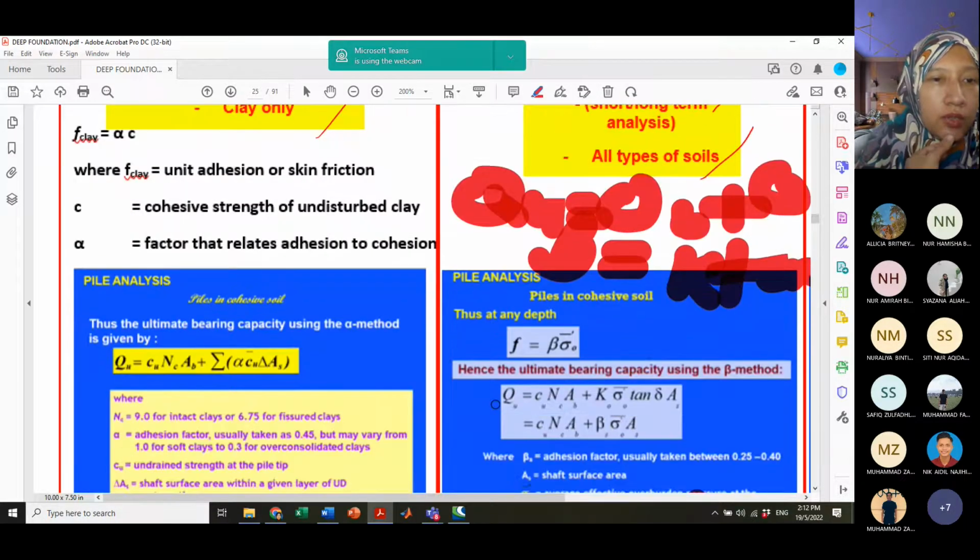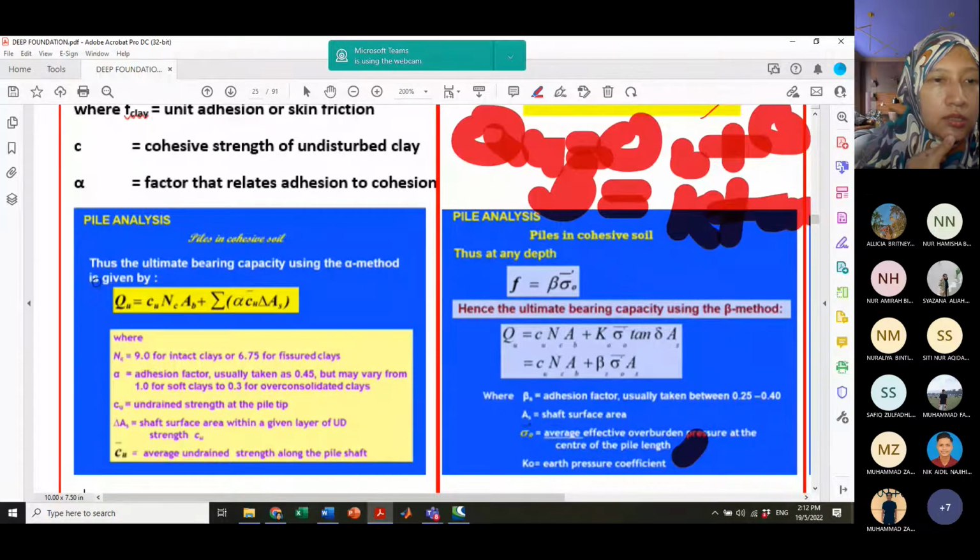So you can see that from here, the first static formula for the ultimate bearing capacity of the pile is QU equals QB plus QS. Since we have the pile in clay, QB equals Nc times Cu times Ab. Meanwhile, QS is equal to the summation of alpha times average undrained Cu times delta As.